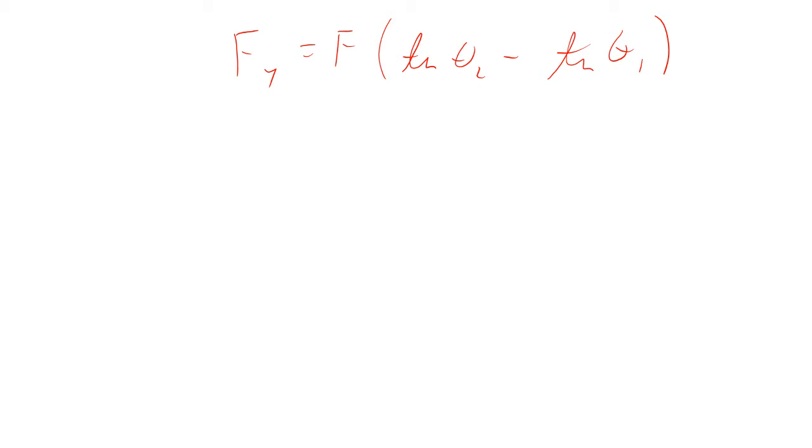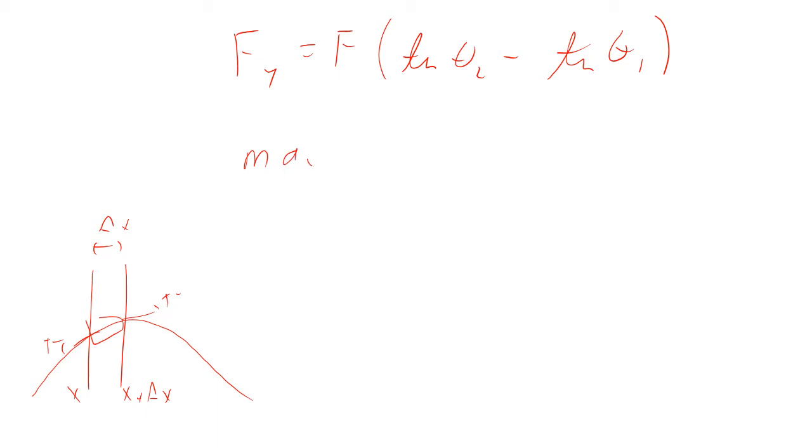And so we've got this piece of a wave right here. One end is x, the other end is x plus delta x, because that's some distance delta x. Now we have the total y force. The other thing is that we know that is equal to ma. So m a_y is equal to F times tan theta 2 minus tan theta 1.